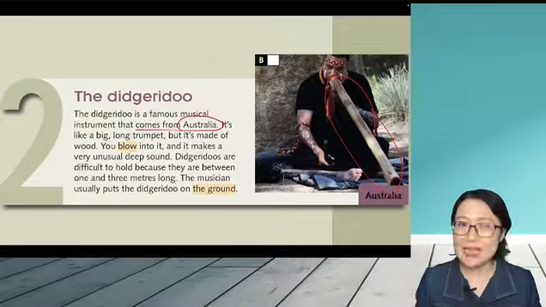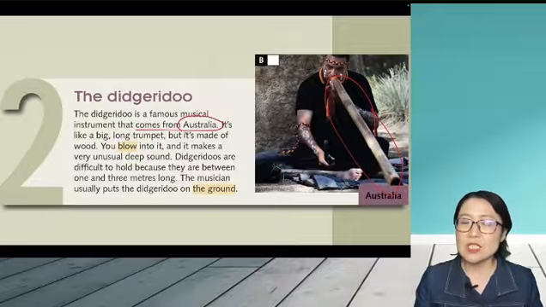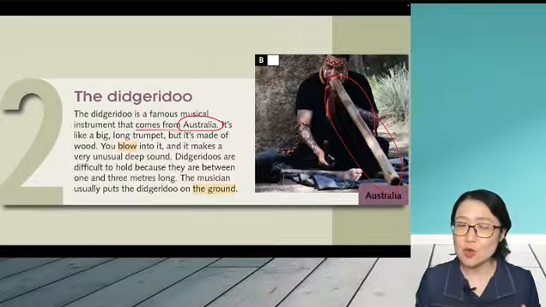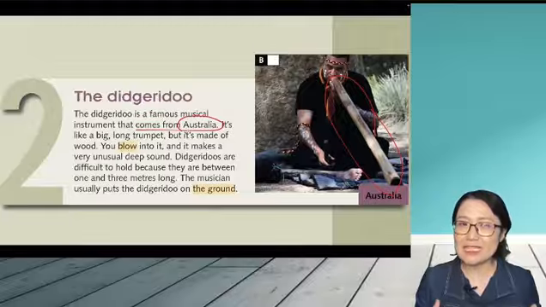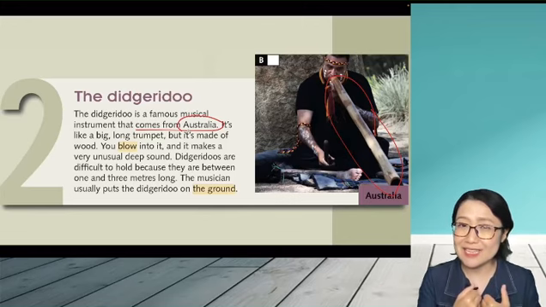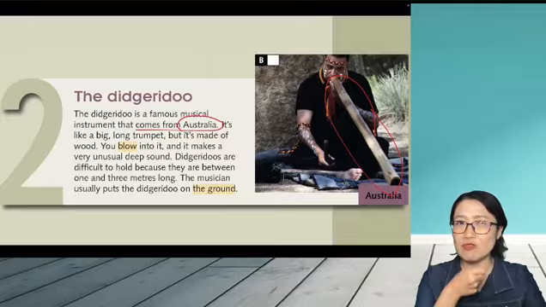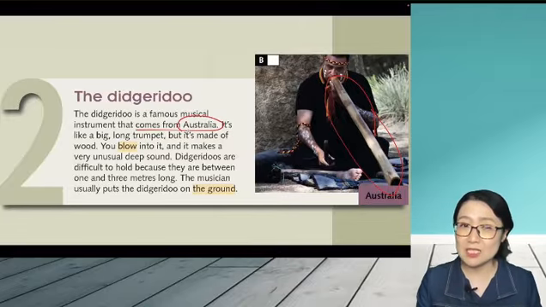It's like a big, long trumpet, but it's made of wood. So it's like, 这里的 like 它不是表示喜欢，而是说它就像是什么呢？ It's like a big, long trumpet. Okay? 它就像一个很长的、很大的一个 trumpet. Do you know trumpet? Yes, in the beginning of this unit, we learn about trumpet. Do, do, do, right? This is a trumpet, but it's made of wood.